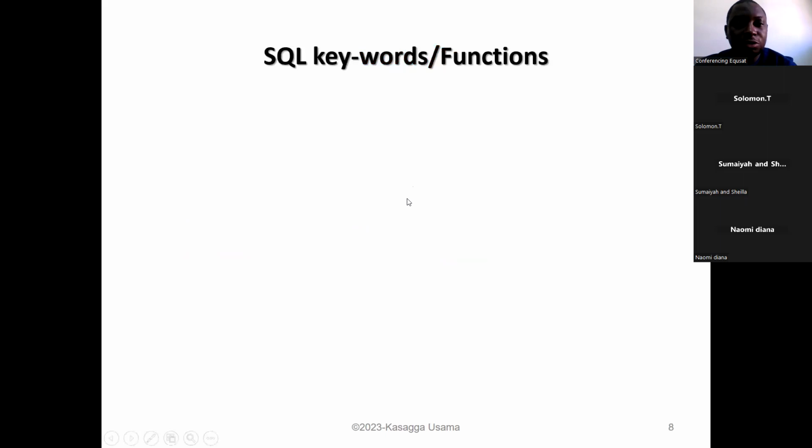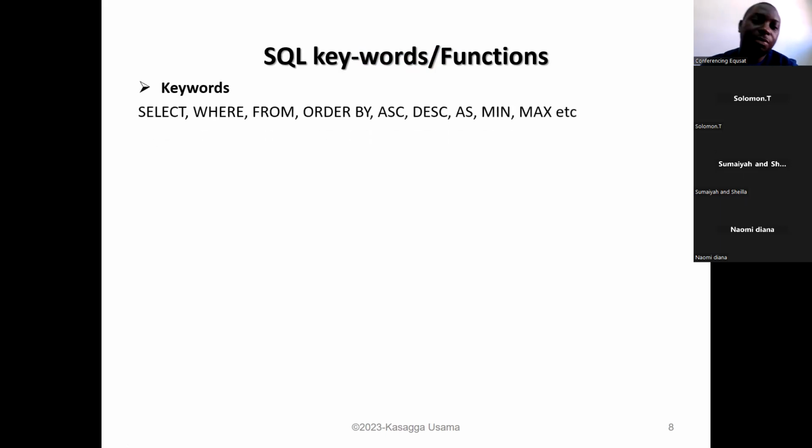So as we continue, we have some key functions that you need to know. The select, where, from, order by, these are statements that you are familiar with from SQL. I hope you have seen them in database, also in database programming.